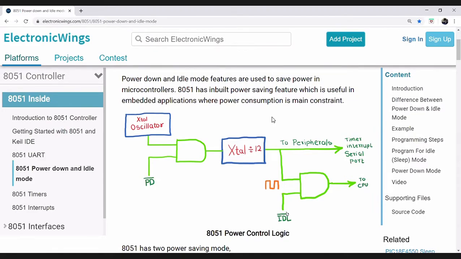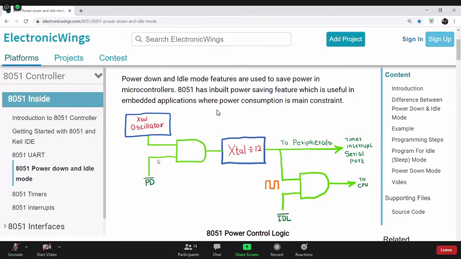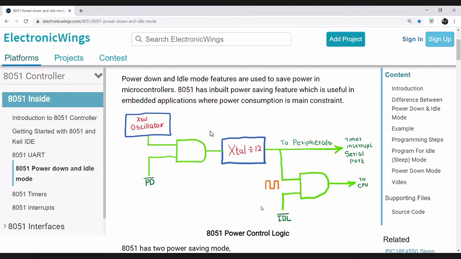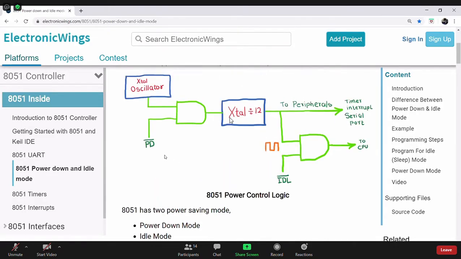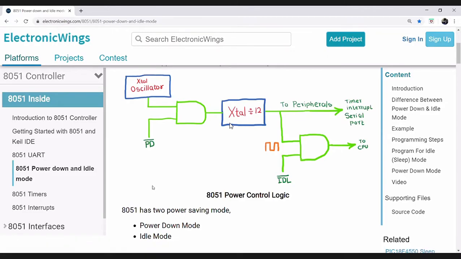Active low means whenever we give this 0, the overall will be 1, so it will be activated. I hope you're getting it. This is active low. Now, two modes are there, one is power down mode, one is idle mode. This is done with the help of two bits here.